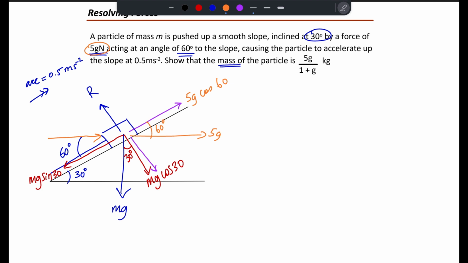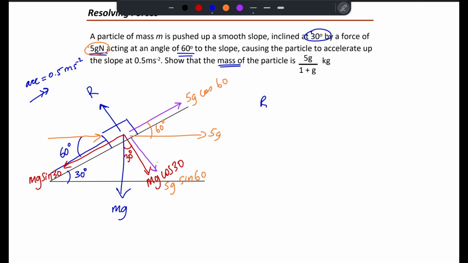And the purple component going down here will be 5g sine 60. So everything that is going parallel to the slope and everything that is perpendicular to the slope, we're going to separate these two out and then do each one, simplify it.